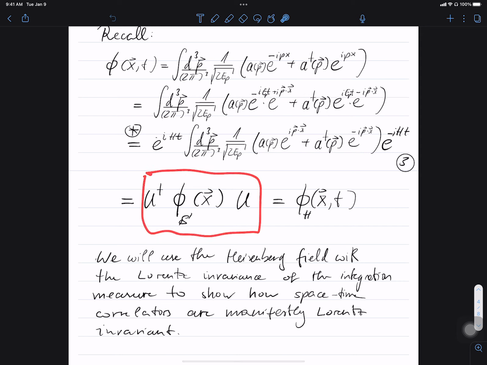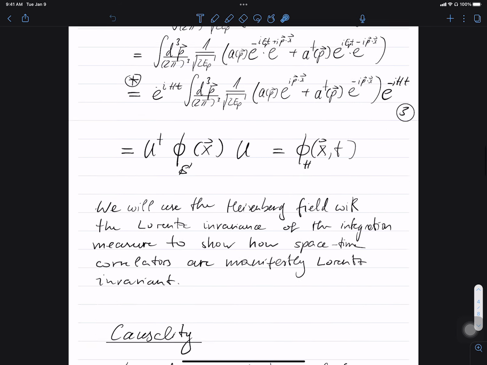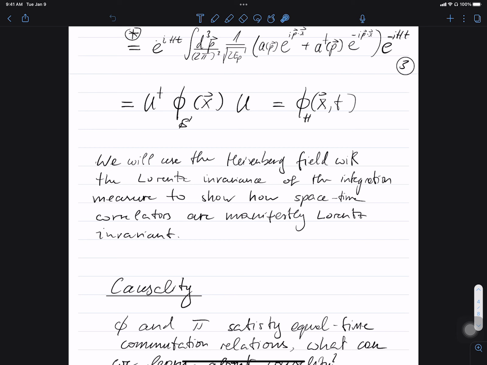So this operator is the Heisenberg picture operator as we defined it above, while the Schrödinger picture operator is just this field without the explicit time dependence, where we just have the integral over the spatial momenta, and the exponentials only have the Euclidean products. We will use this notion to explicitly demonstrate that certain quantities are actually Lorentz invariant.